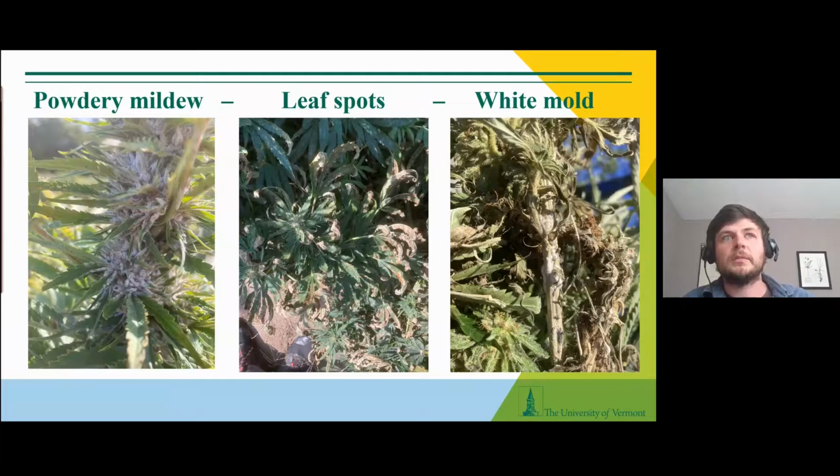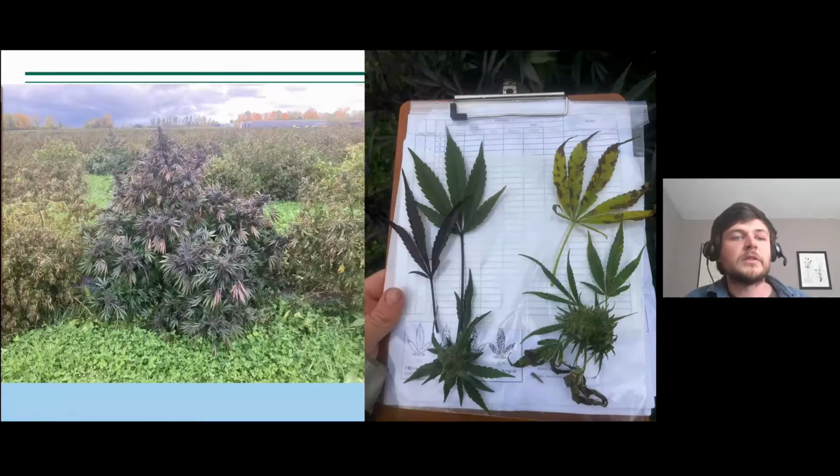But it seems like, at least up in the islands where we're growing, we see a lot more leaf spot and powdery mildew and white mold. Then a little bit later on in the season, especially if we're seeing some physical damage, an increase in gray mold pressure as well. And then this here, I just thought was kind of interesting.